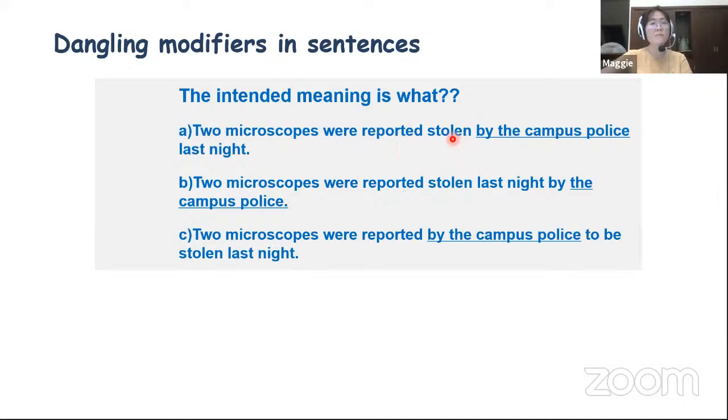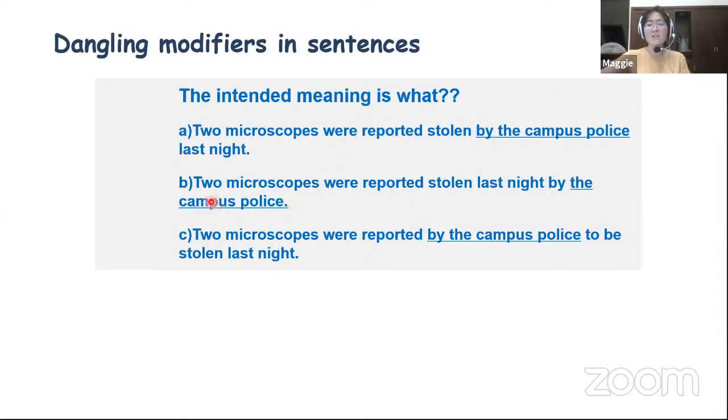It causes misunderstanding for different readers. Someone may think the campus police stole two microscopes last night. Some may think only that the campus police reported two microscopes stolen last night. So you don't know which one is correct.